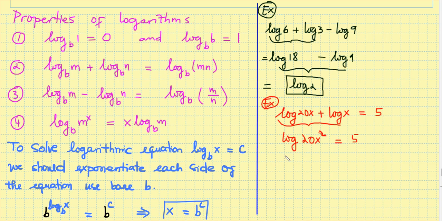So you do the same thing here. We are going to exponentiate each side of the equation using base 10. We have the base 10 here, so I put 10 and then 10, and copy the rest on the exponent.